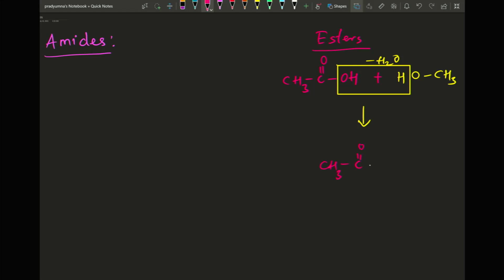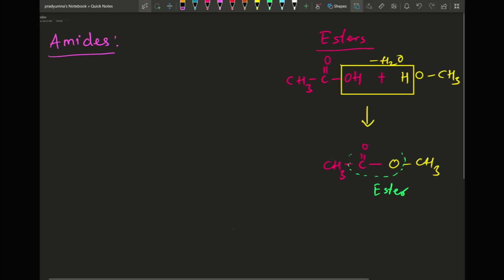CH3, CO, and the oxygen and CH3. So this portion here is coming from our alcohol and this portion is coming from our carboxylic acid. So that is an ester. The functional group for an ester is this. This is our ester functional group, all right?